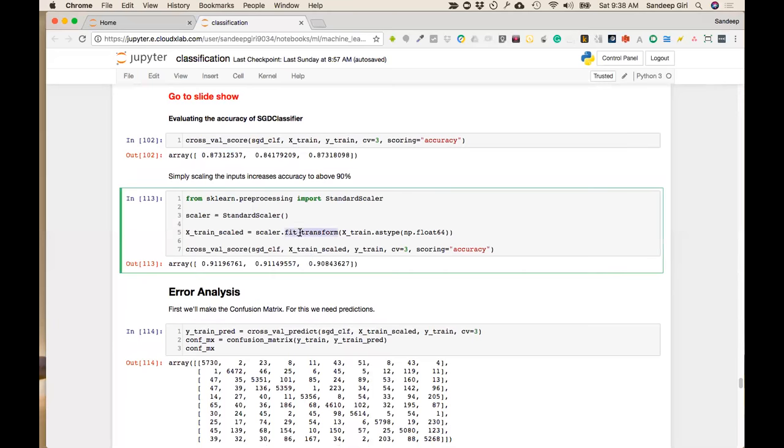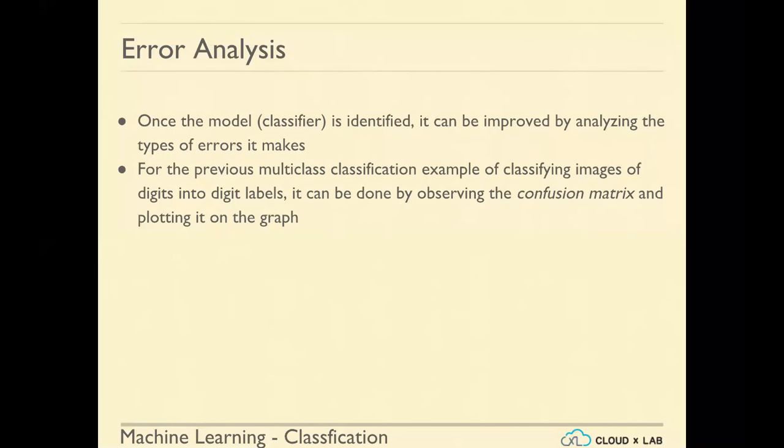But if we just do scaler.fit_transform, converting the numbers to float64, then by a very simple conversion, the accuracy suddenly improves.